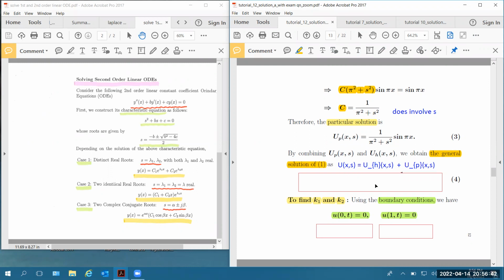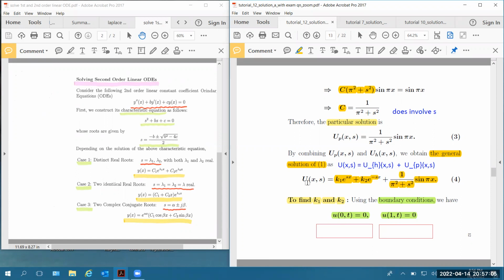This general solution is the homogeneous solution plus the particular solution. So we just add them together. This one over here is your homogeneous solution, and this one over here is your particular solution.